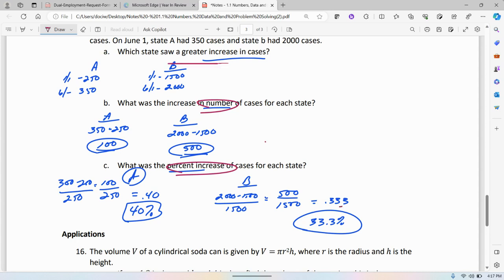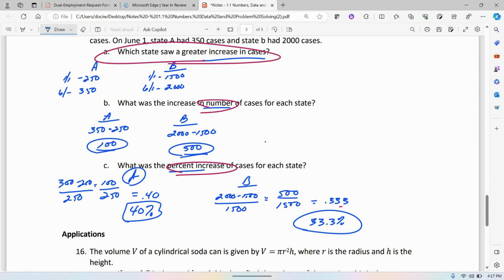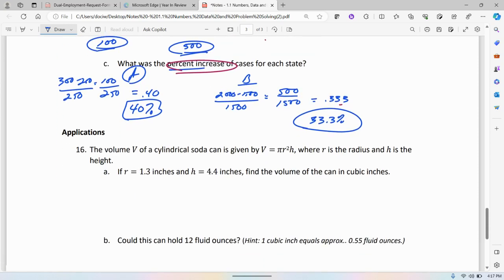So that's why the question, which state saw a greater increase, is a bit ambiguous, because are you talking number? Are you talking percent? And really, a little opinion here, editorialization: my argument would be you should always include both in your conversation.